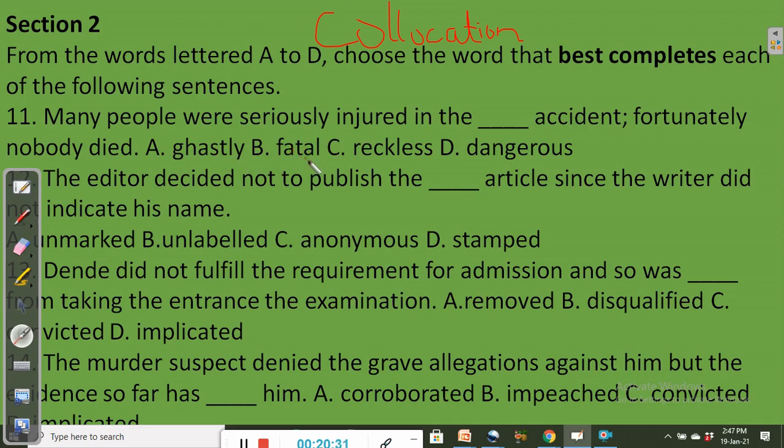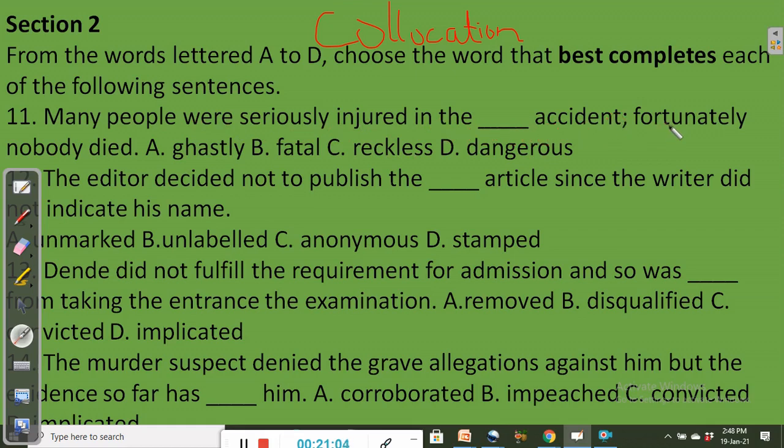But this is where semantics comes in. Semantics is the science or the study of meaning. And of course, grammar is not complete without semantics, because for a sentence to be grammatically correct, it has to be meaningful also. So what is the meaning here? Many people were seriously injured in the dash accident.